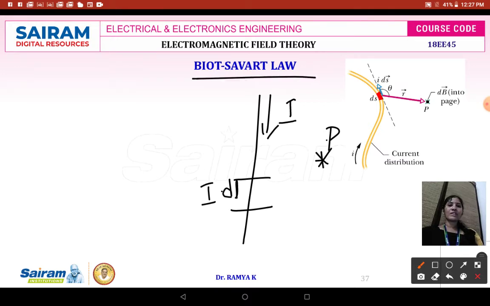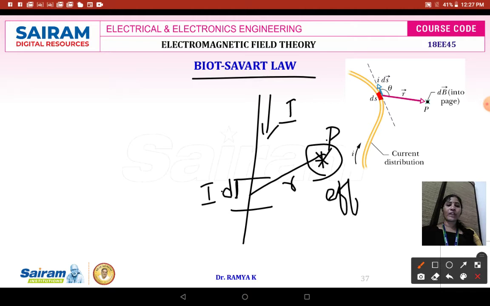In Biot-Savart's law, we'll be identifying the magnetic field intensity. So, between this current element and the point under consideration, the distance is going to be R. Therefore, at point P, your magnetic field exists. It is going to be your effect and this is going to be your cause.